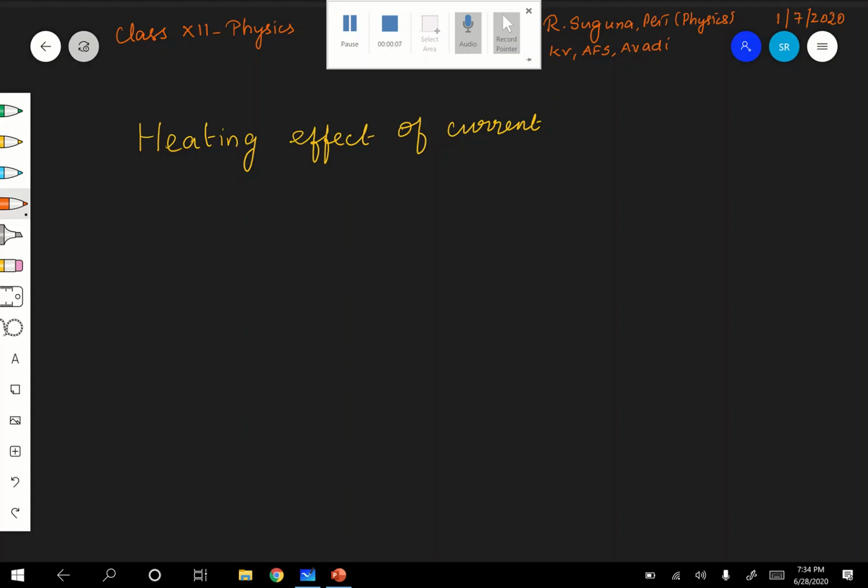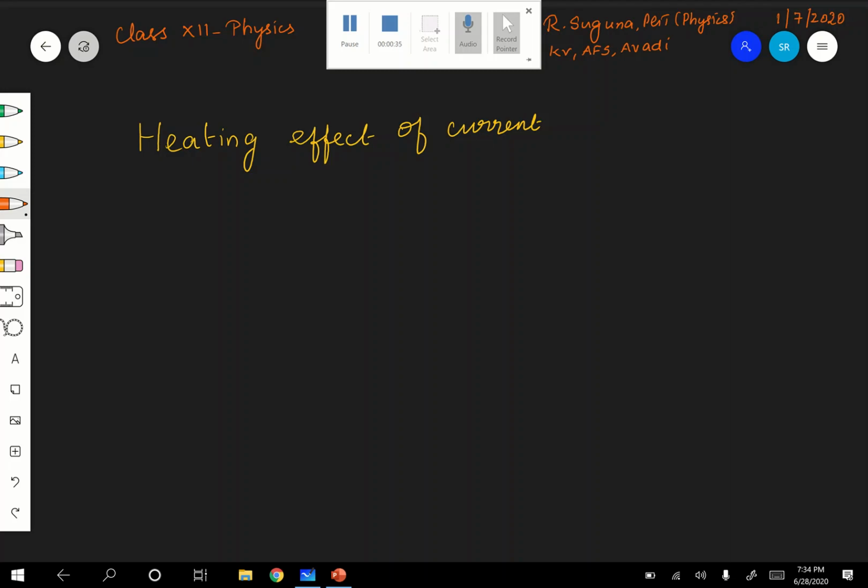Today's topic is heating effect of current. Okay, what is it? Whenever a current is passed through a conductor, it definitely has some resistance, right? Whenever a current is passed through a conductor for some time, after some time what happens? It becomes very hot.